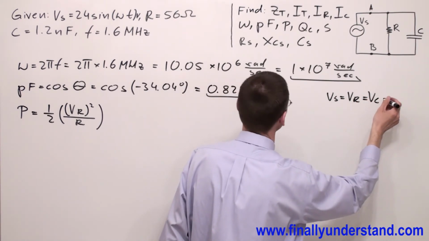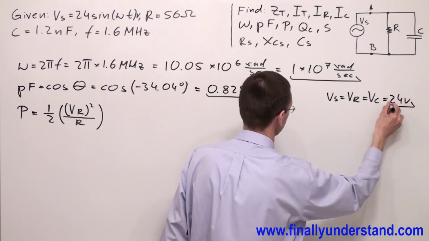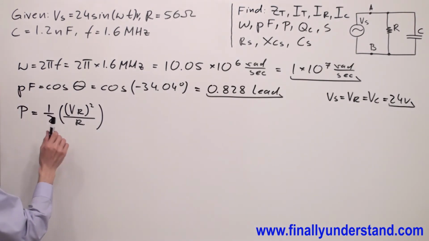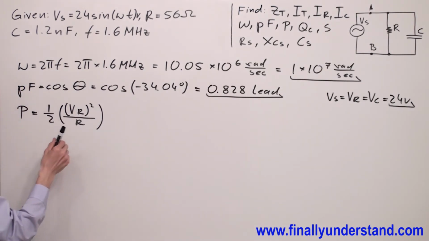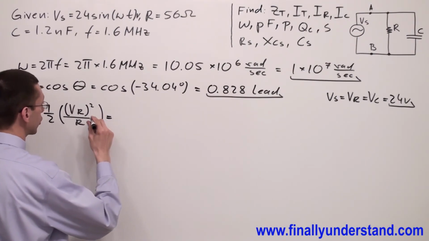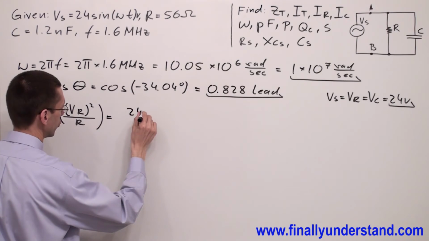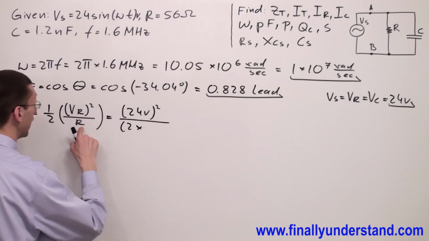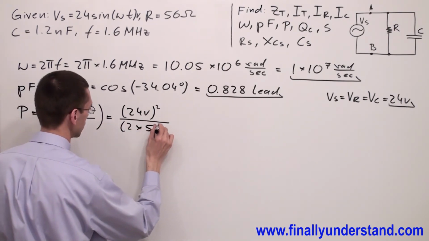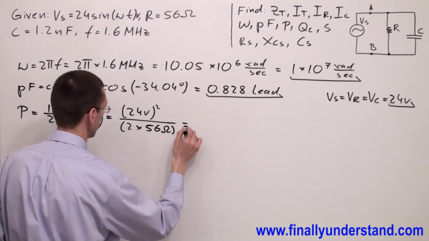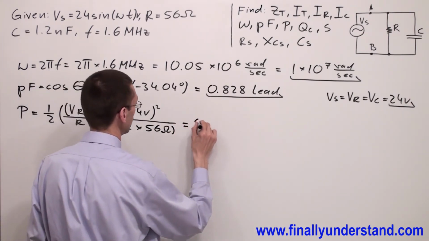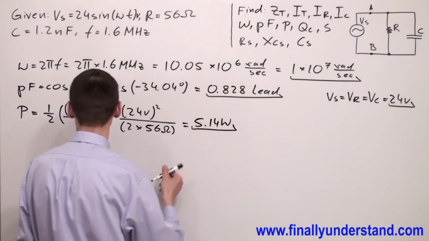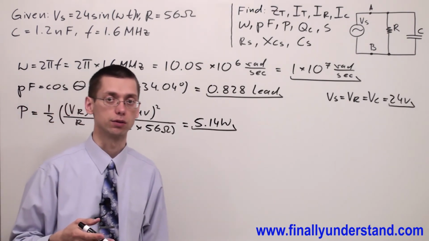And in our case, this is equal to 24 volts. Okay? And because I'm using peak value, I have to write 1/2. This is equal to 24 volts raised to the second power over 2 times R, and R is equal to 56 ohms. Everything is equal to 5.14 watts. Okay, so this is the true power in my circuit.